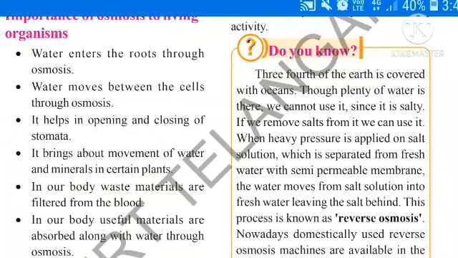Nowadays, domestically used reverse osmosis machines are available in the market, which filter the salt water through 3 to 5 membranes. This is also called desalination, removal of salt from ocean and sea water.